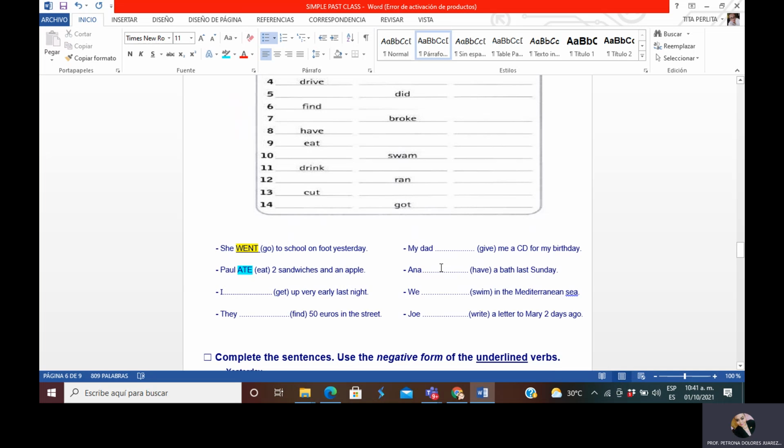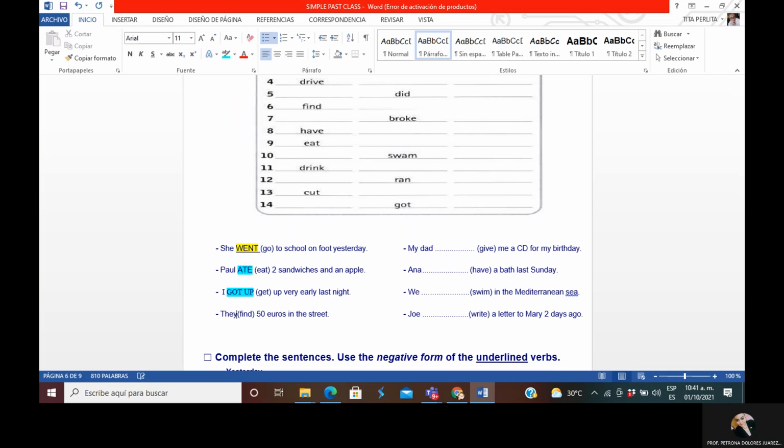Get up. I get up very early last night. El get up sería got. Sorry, I got up. Sería got porque se fijan en la lista de verbos irregulares, así es la estructura que van a encontrar.